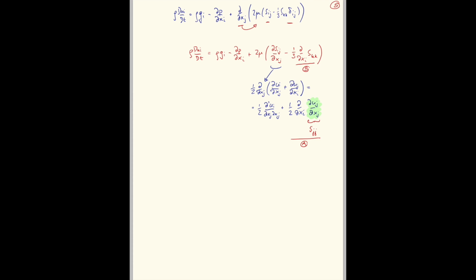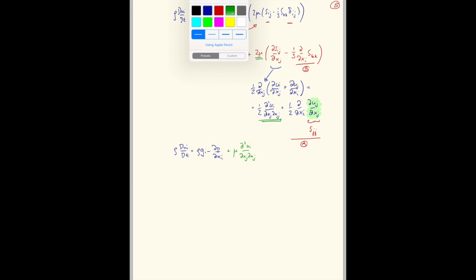So let me write it out again. We'll have rho dui dt, and now we'll first include this term, which gets multiplied by 2 mu, so we're left with plus mu d2ui dxj dxj, and then we have a half of d by dxi of Sjj and minus a third of d by dxi Skk.